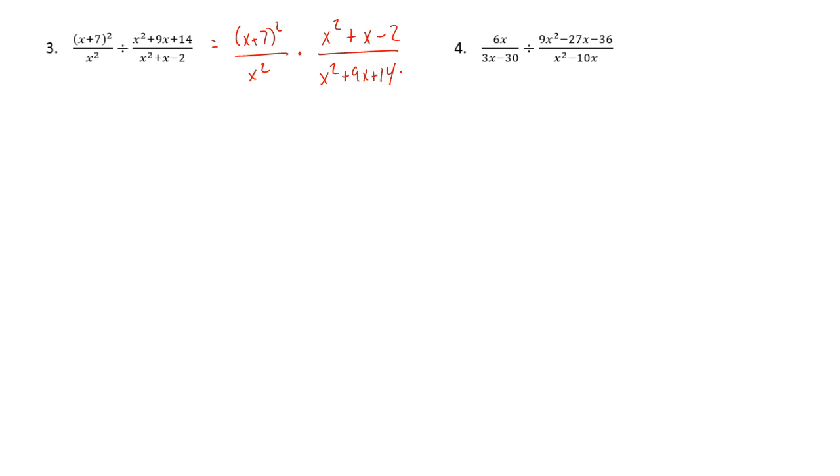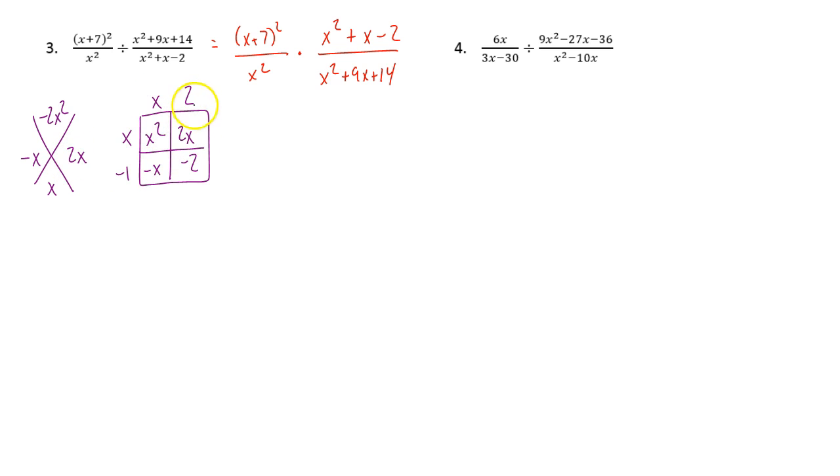Okay, so now my next step is to look to see how we can factor these down. So I am going to do the x squared plus x minus 2, followed by the x squared plus 9x plus 14 using the Xbox method. So this first one factors down to be x plus 2 times x minus 1.